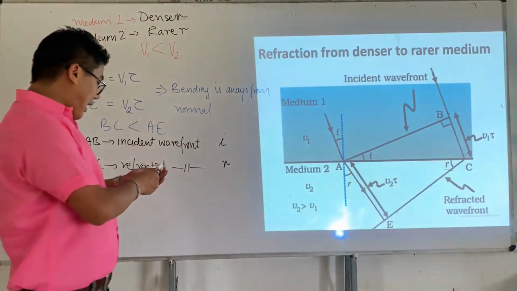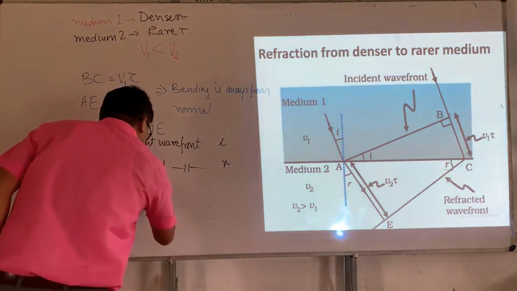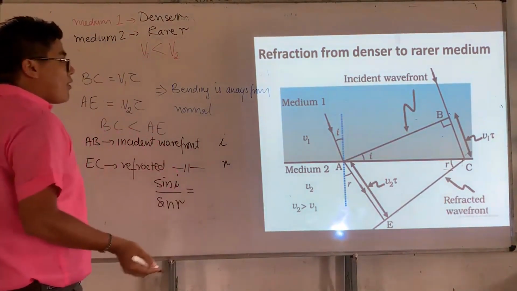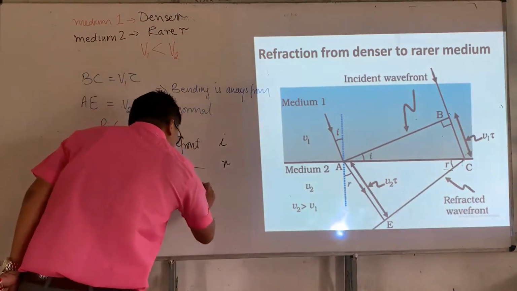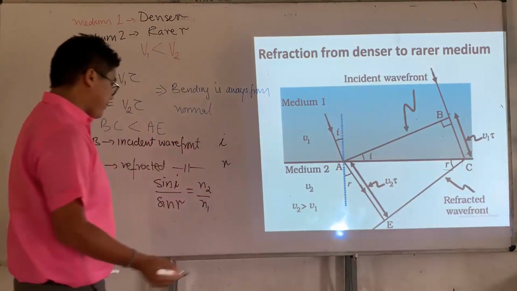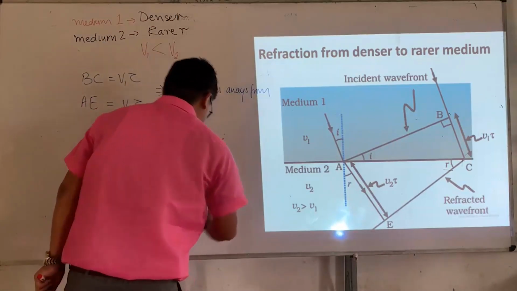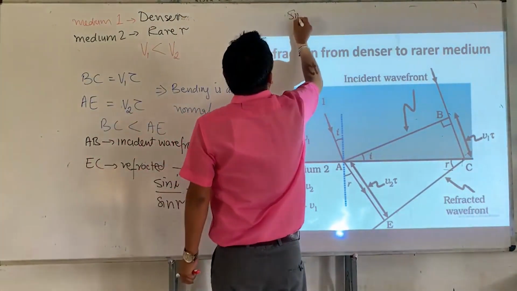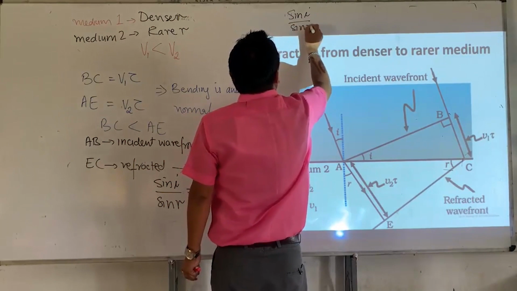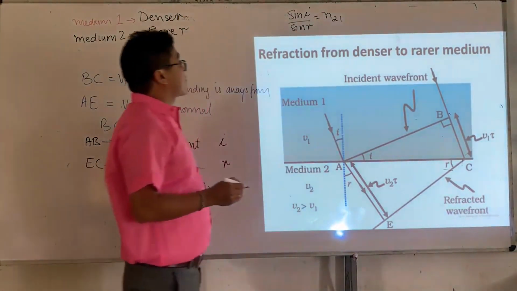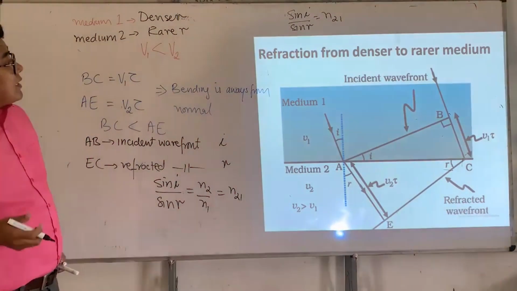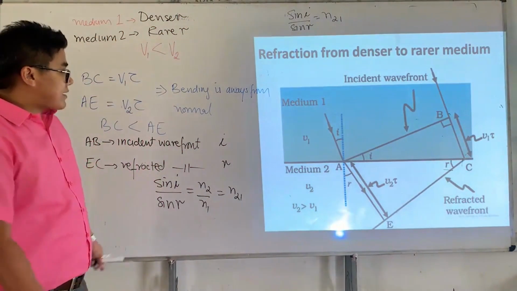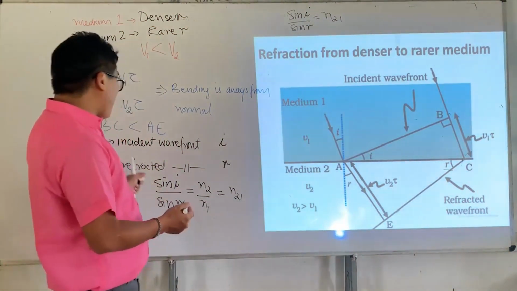Now I can straight away write sin i divided by sin r, which is equal to N21. Medium 2 is the rarer medium and medium 1 is the denser medium. So the bending is away from the normal.